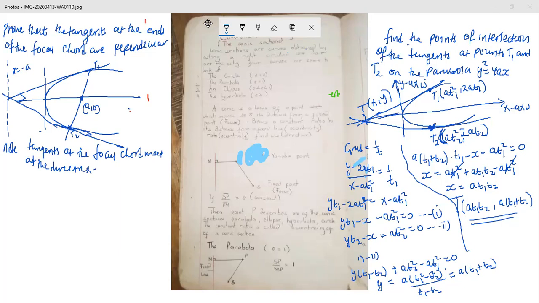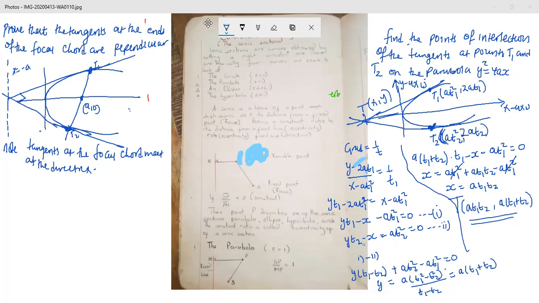Okay, for this number it says, prove that the tangents at the ends of the focal chord are perpendicular. You have to prove that this tangent, which is coming from the focal chord here, and this one, which is coming from the focal chord there, meet here at 90 degrees.